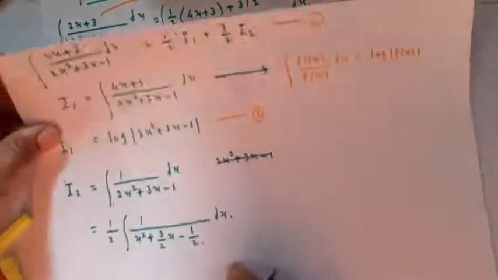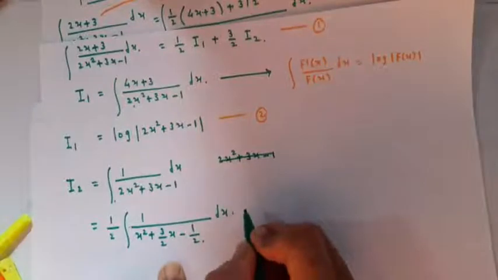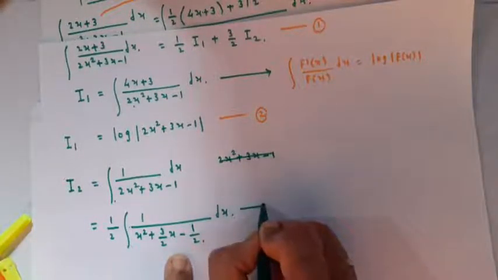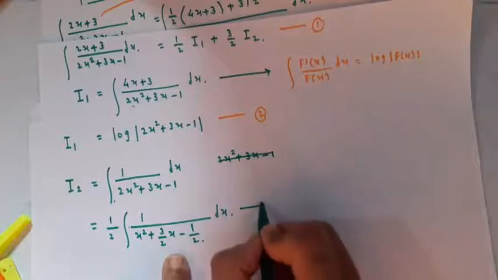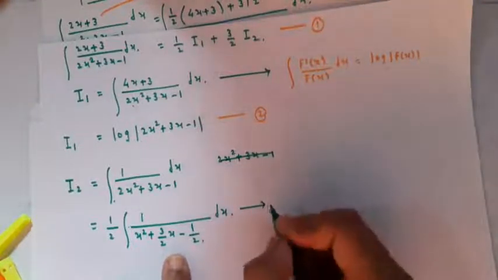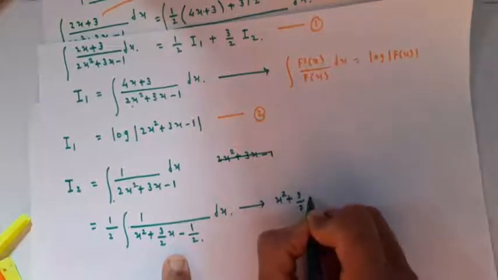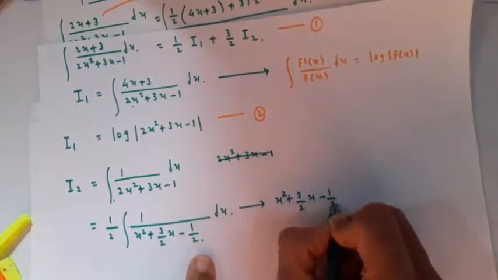Now this integral is one of the special types of integral that we have to convert it into. Therefore, x square plus 3/2x minus 1/2.